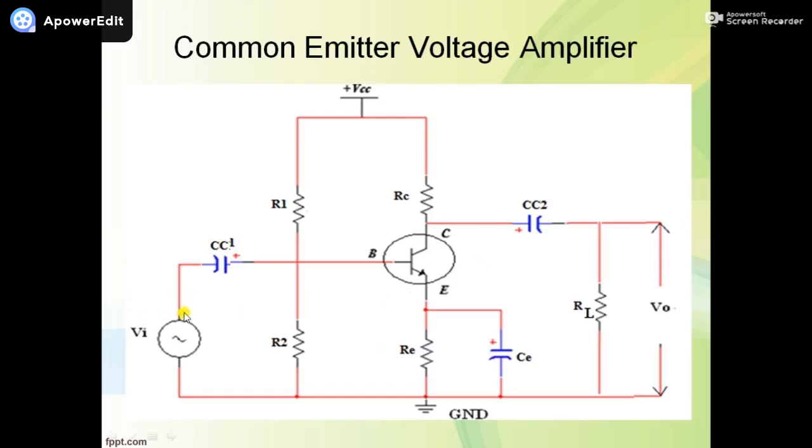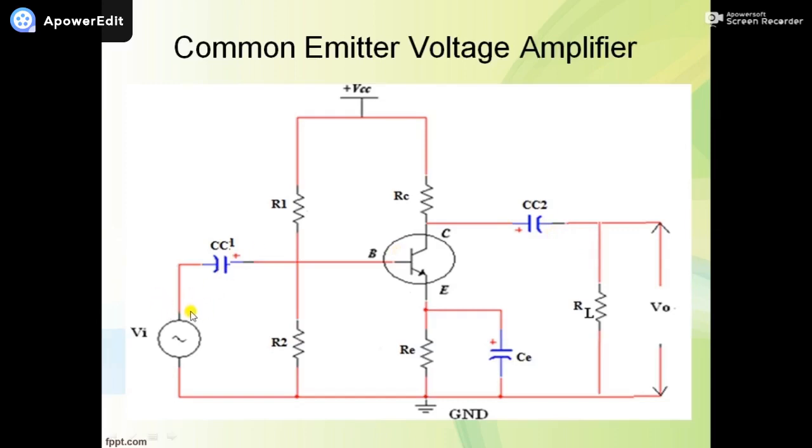During the positive half cycle of the AC input signal, when IC increases with a negative sign, we get the negative part of the signal at the output side.